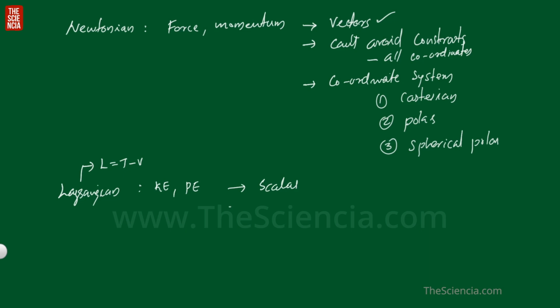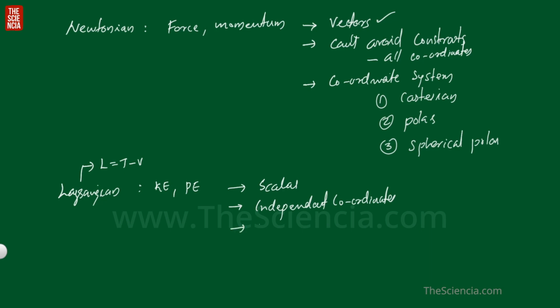And we are dealing with only independent coordinates. We don't want to take all the coordinates, only independent coordinates, so the number of coordinates is reduced in Lagrangian mechanics. We have to deal with only a few coordinates, so the problem becomes very simple.